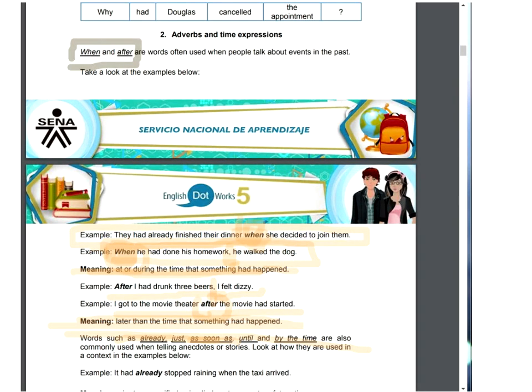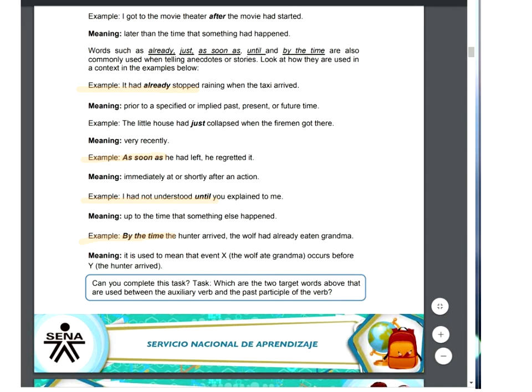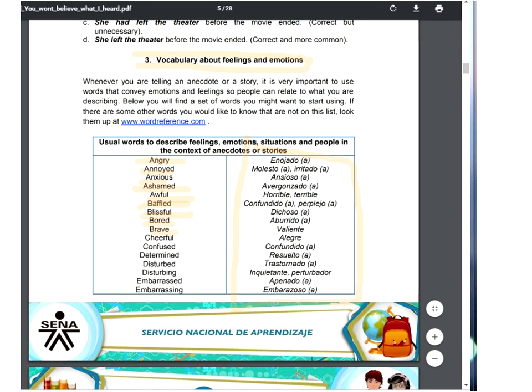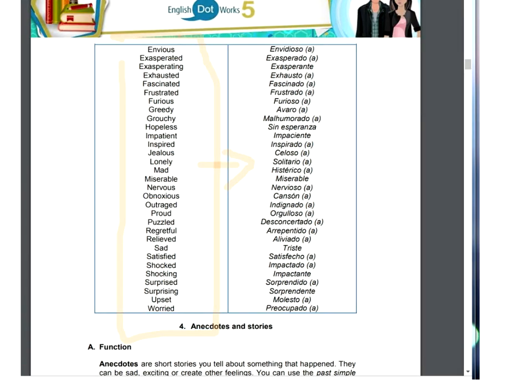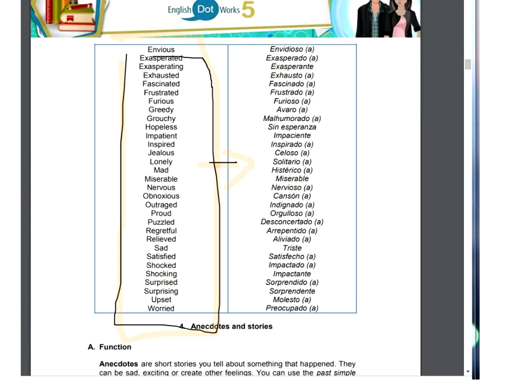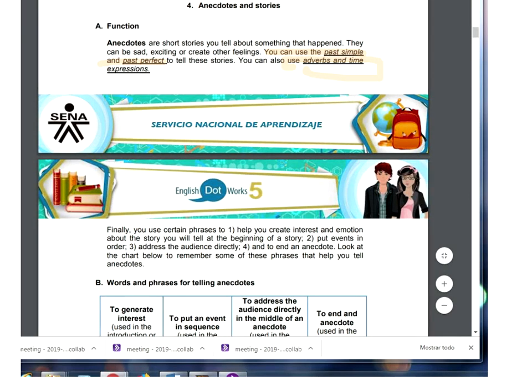activities. We have the connectors when and after, and some other expressions like already, just, as soon as, until, and by the time. We have some vocabulary. We can check it on whatreference.com, with the meaning of the vocabulary and the meaning in Spanish. We have the grammar function of this, past simple and past perfect.